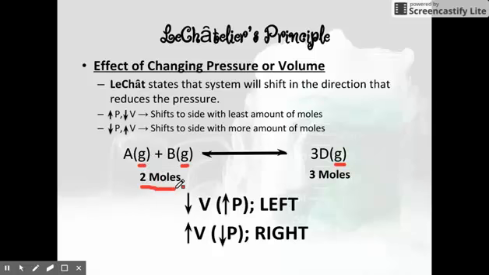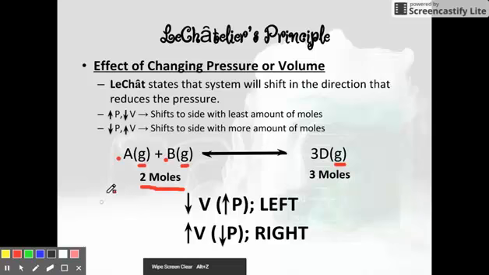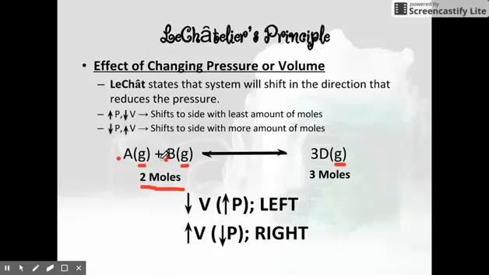On the left side, we have 2 moles of gas because the coefficients are 1 in front of both of these. On the other side, we have a gas substance as well. It has a coefficient of 3. So we have a 2 to 3 ratio: 2 moles of gas things on the left side, 3 moles of gas things on the other side.